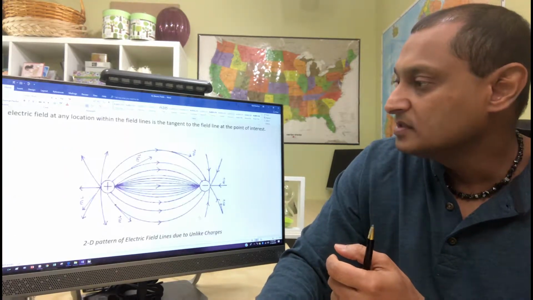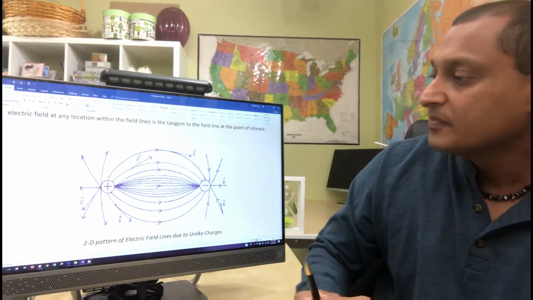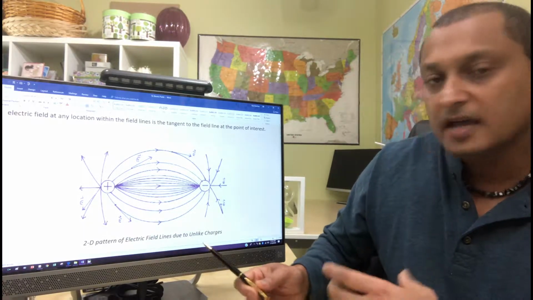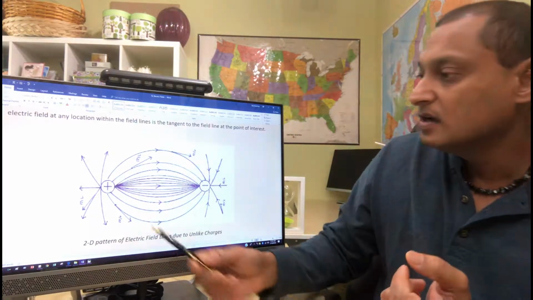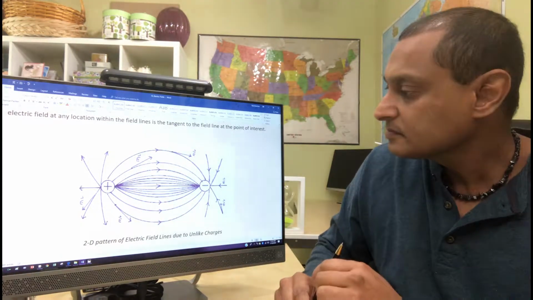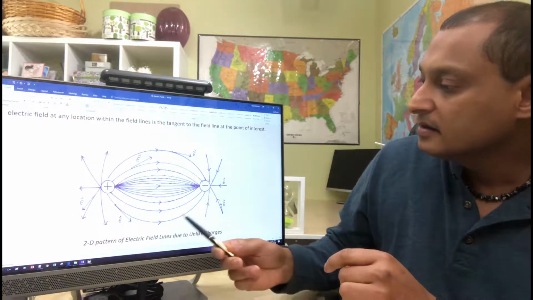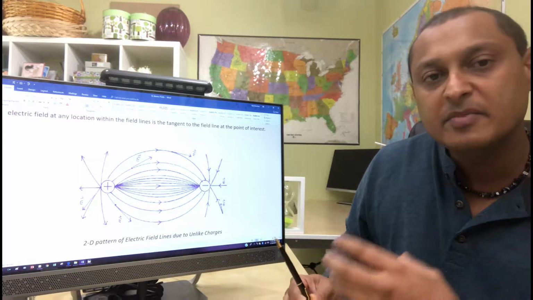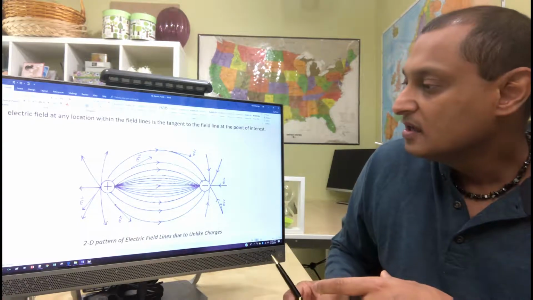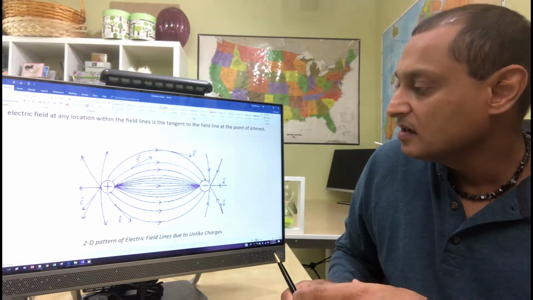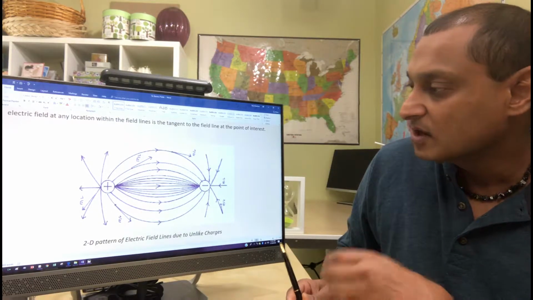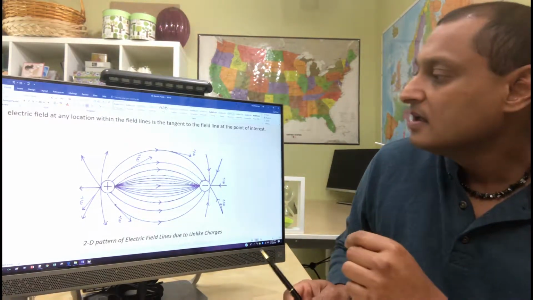And this diagram shows it a bit more clearly. If we can visualize, I randomly chose two charges, a positive and a negative, and it shows that the field lines are emanating from the positive charge and converging upon the negative charge. So they go from positive to negative.